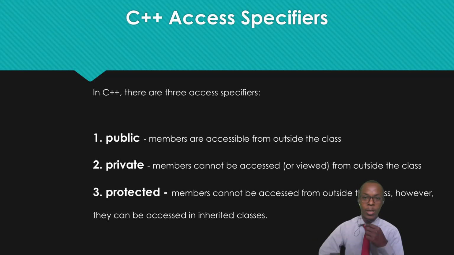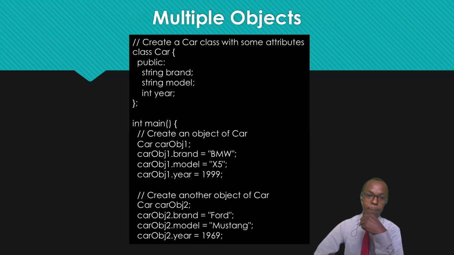What do I mean? You may say, sir, what do you mean? What I mean is, if here in class Car you do not mention public, protected, or private, these things will be private.